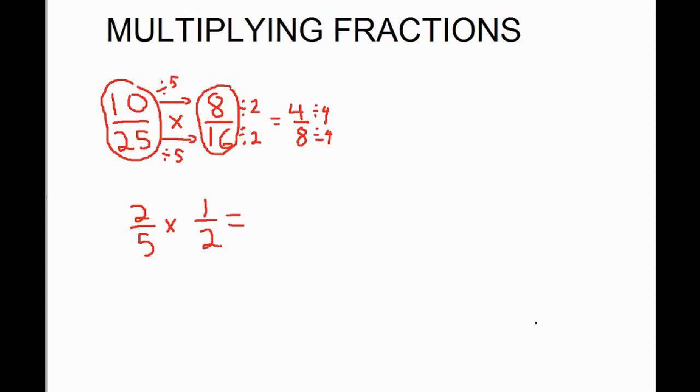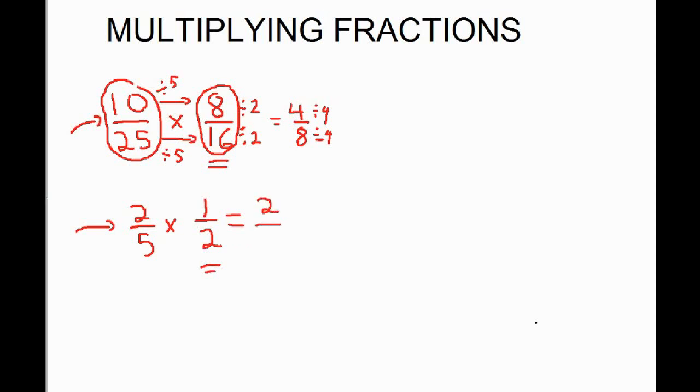So what we see here is now we end up with a question that's quite a lot simpler than the first question. 10 over 25 is the same as 2 over 5. 8 over 16 is the same as 1 over 2. So these two questions are exactly the same, but instead of 10 times 8 in the numerator, I have 2 times 1. 2 times 1 is 2.